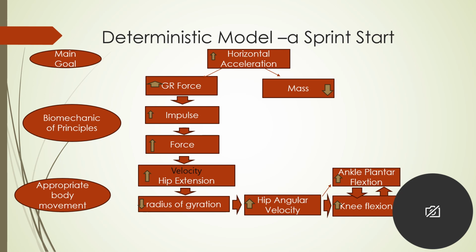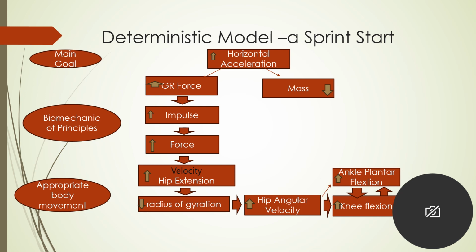The deterministic model. The acceleration can be calculated by Newton's second law of motion. Acceleration equals force divided by mass. Generating horizontal acceleration involves the body leaning forwards creating ground reaction force.